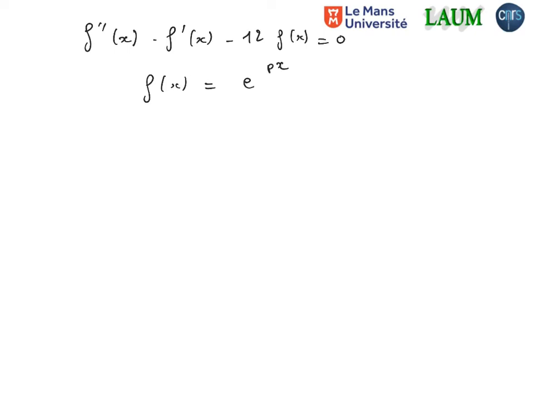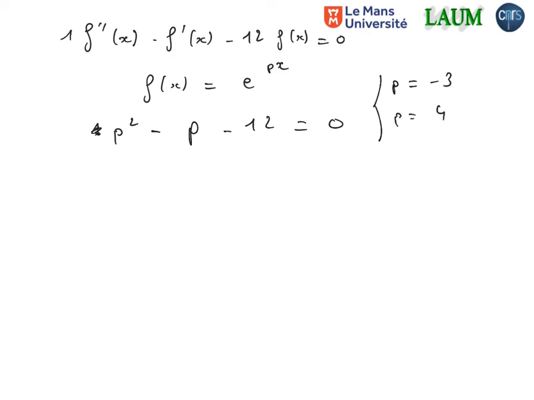If we follow the theory, p is a solution of the characteristic polynomial, which is p squared minus p minus 12 equals 0. This is a polynomial that we can solve, and the two roots are p equal to minus 3 and p equal to 4.